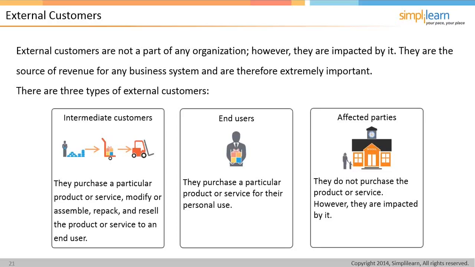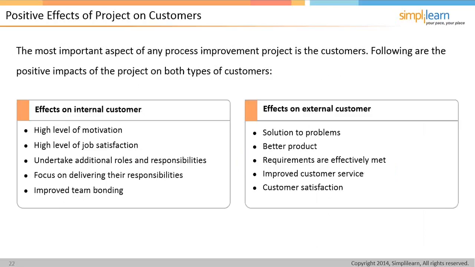And of course, if you're making components for that bus, you've got your immediate customer, or intermediate customer, I should say. You have end users and affected parties that you'd probably want to understand their needs as well. The better you understand the details, the better able you will be to deliver what's of value.